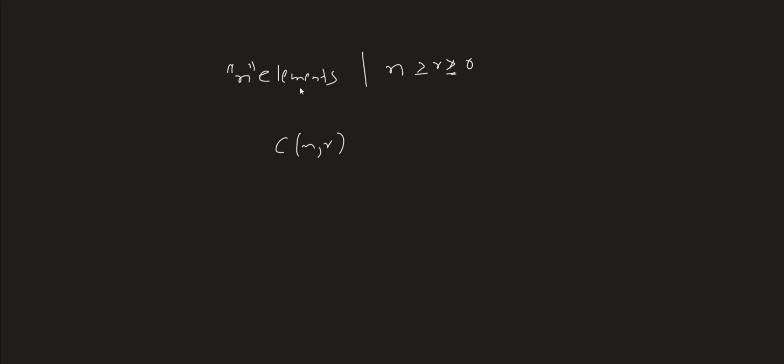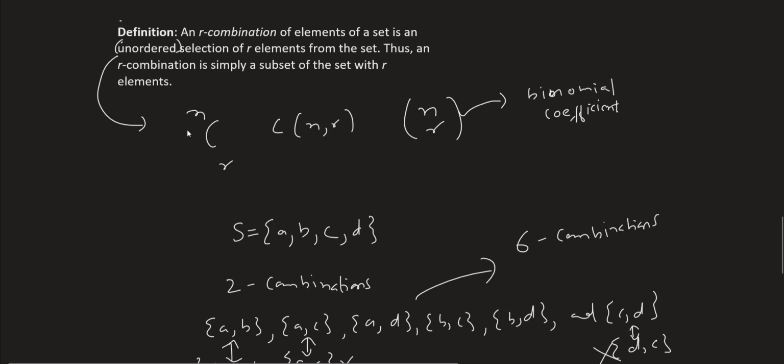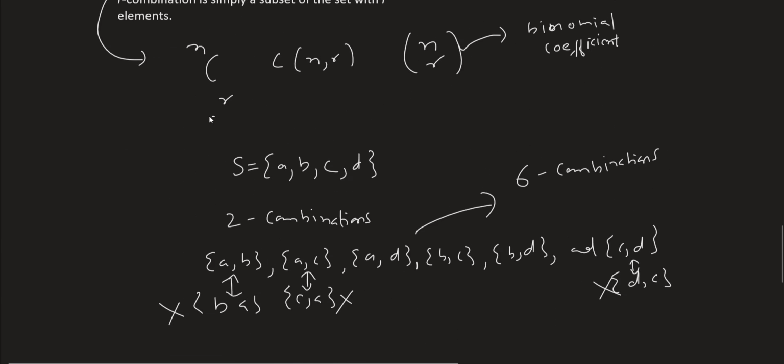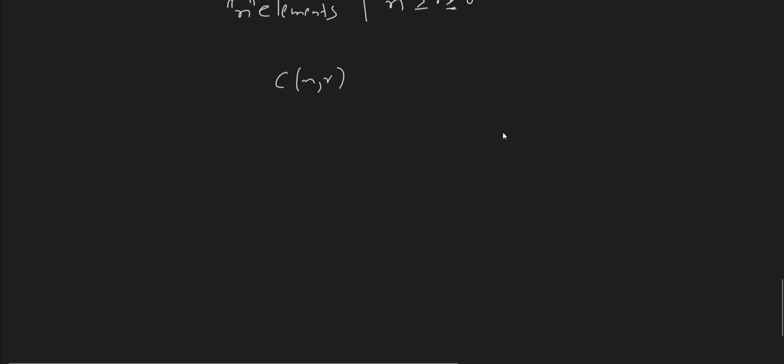Now, mathematically, if you have to count the number of combinations, if we have n elements, and r varies between n and 0, then we'll have the expression for the combination as C(n,r), or you can represent it any of these three ways, is equal to n factorial divided by (n minus r) factorial times r factorial.